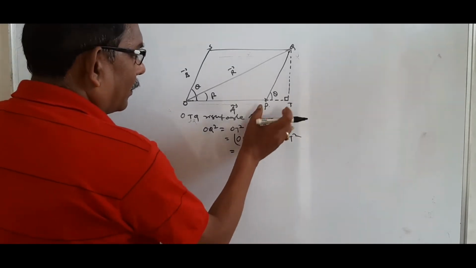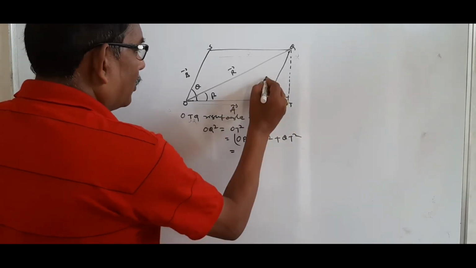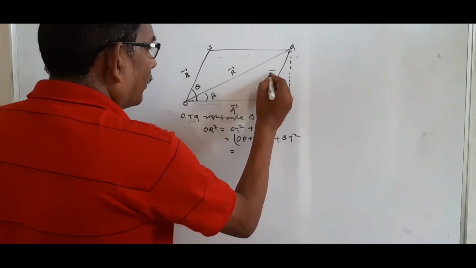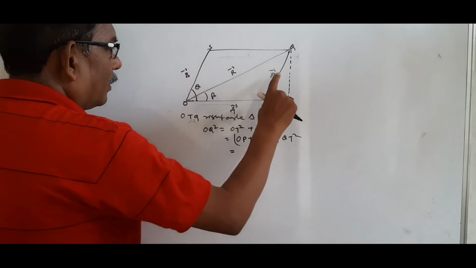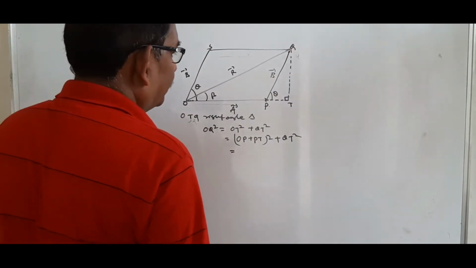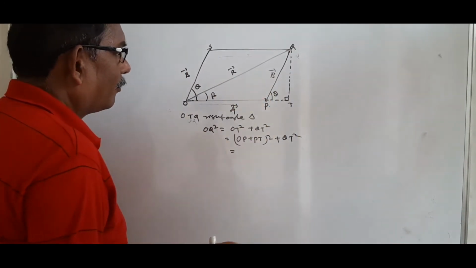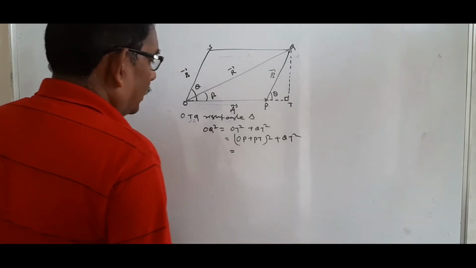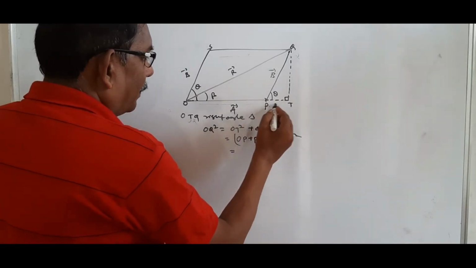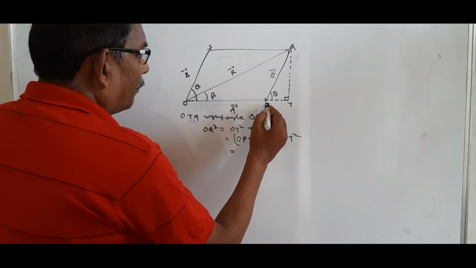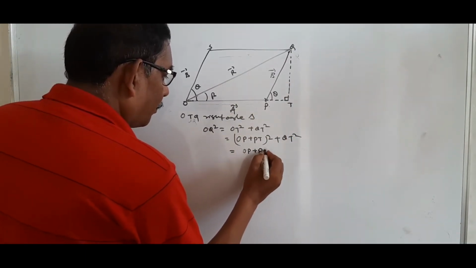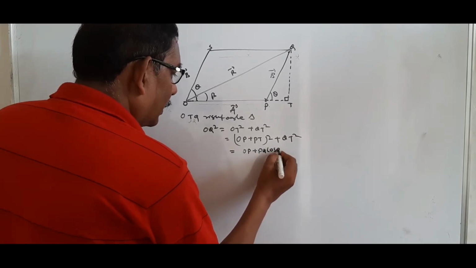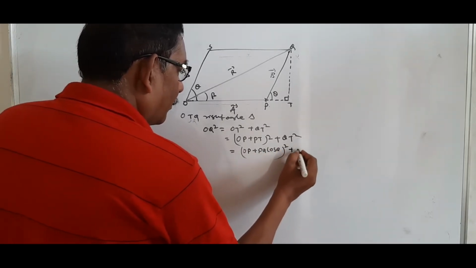Now what is PT? If OP is A, OS is B, then PQ is also B. These two are equal and parallel. So PT is equal to your PQ cos theta. OP plus PQ cos theta whole square.